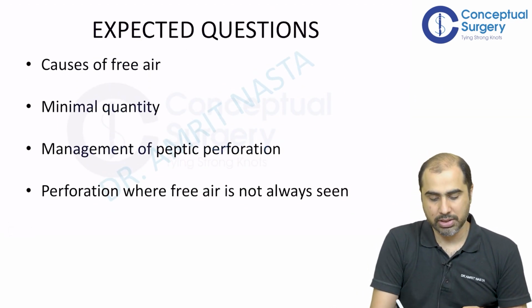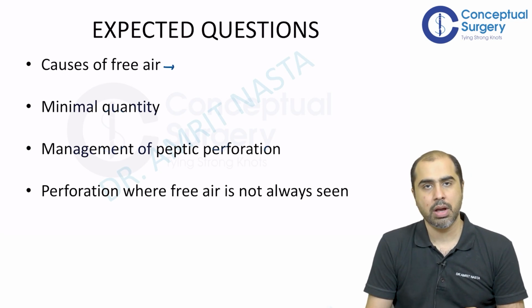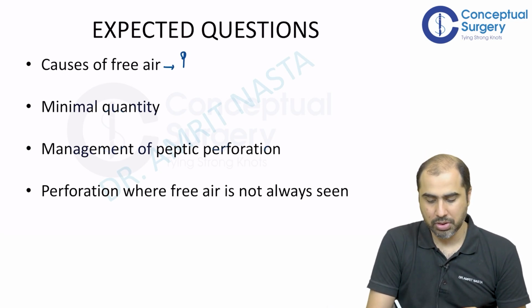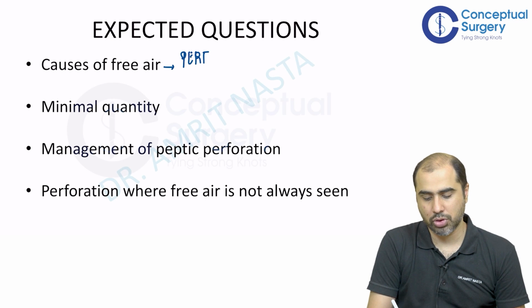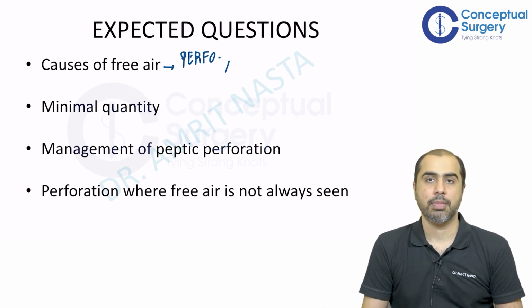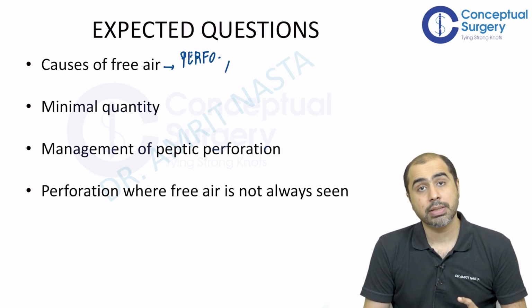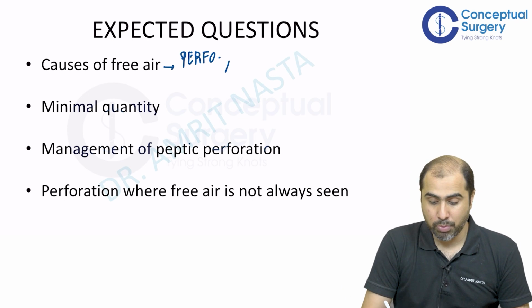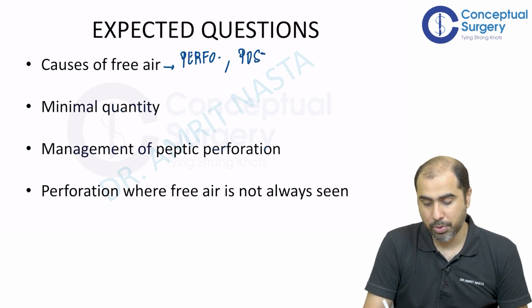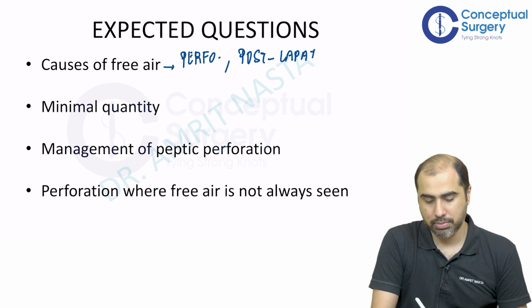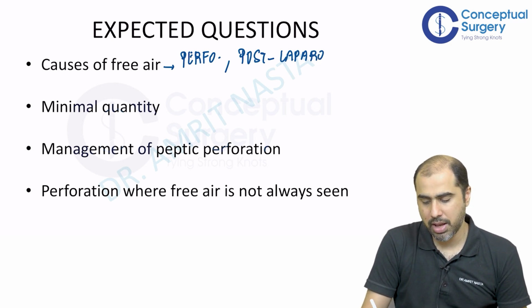Is free air always due to hollow visceral perforation? Answer is no. It can be because of hollow visceral perforation, most commonly duodenal ulcer, ileal perforation, but it can be for other reasons. Like post-operative patients, post-laparotomy. When you do laparotomy or laparoscopy, for some days some air from the environment will remain.